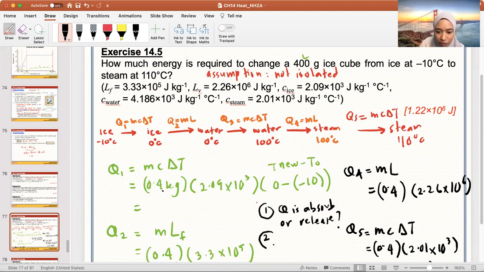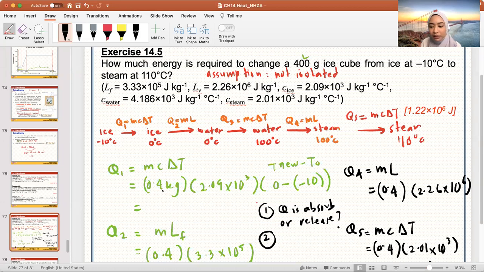The second tip that you can use to check your work is just looking at this: you alternate between mc delta T and mL. So mc delta T, mL, mc delta T, mL, mc delta T, and after the steam is done, don't add anything more. It is alternating.